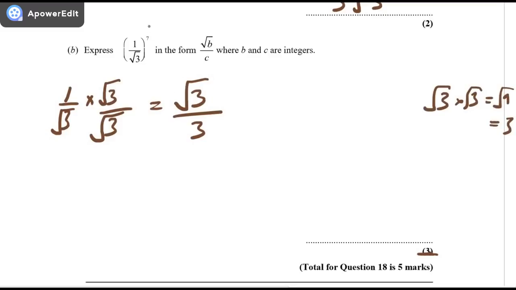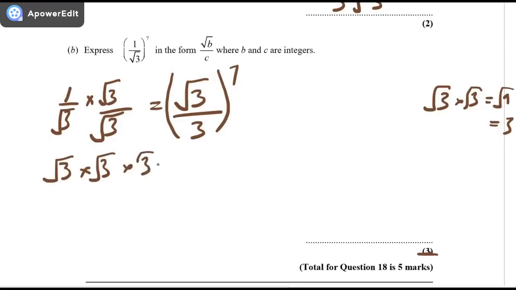So now, for the answer to this one, I can put the power on now. Power 7 means I'm going to write root 3 seven times. So let's write root 3 times root 3, 1 2 3 4 5 6 and 7.